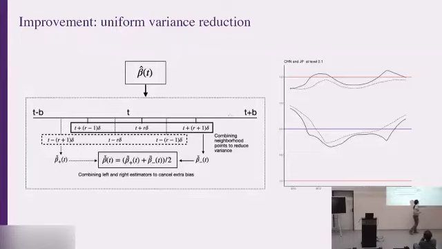The idea of this approach is that we have the original kernel estimate of beta, and we calculate the right neighborhood by combining 3 design points. We also calculate the left neighborhood by combining 3 design points, and then we combine the two estimators to cancel extra bias.